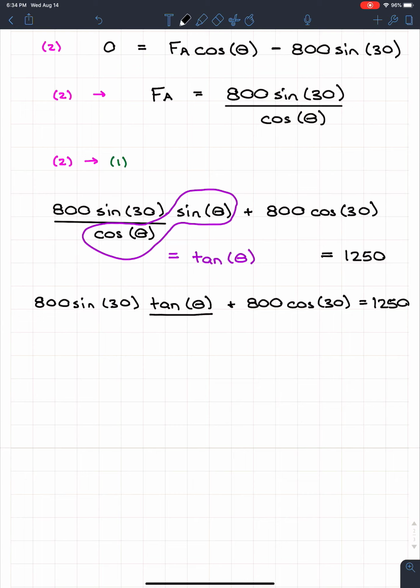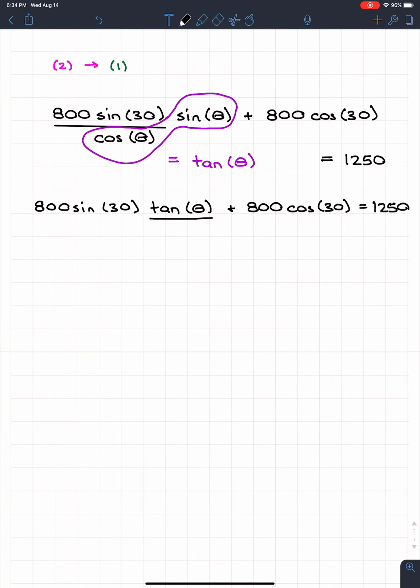So then what we can do is start arranging everything. So we're going to get the tangent of theta is going to be equal to the 1250 minus the 800 times cosine of 30. So I just moved the 800 times cosine 30 to the other side, and we have to divide all of it.